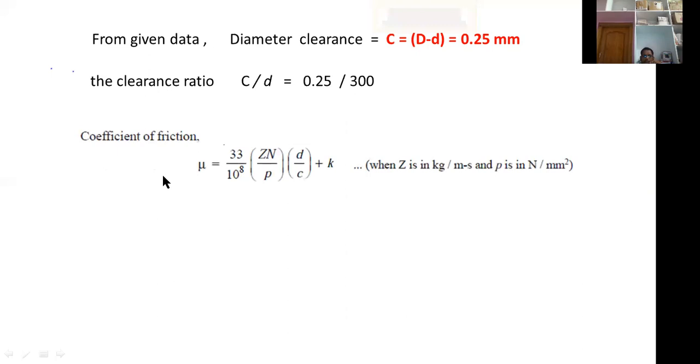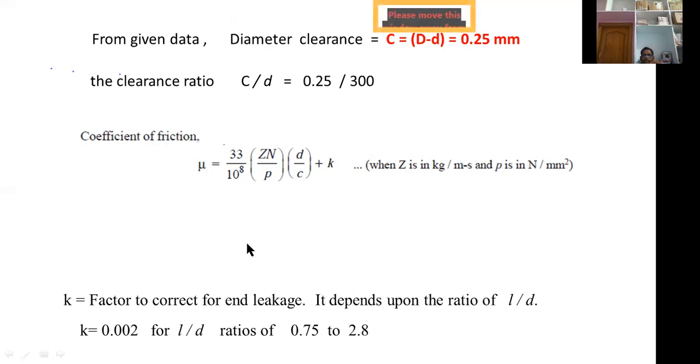Then you have to use the mathematical expression for coefficient of friction, that is mu equal to 33 by 10 power 8 into Zn by P into D by C plus K. By using this formula, you have to find the value of coefficient of friction. Here Z value is given, N value is given, P value is already given, D by C is given. By using these values, you have to find the value of mu.